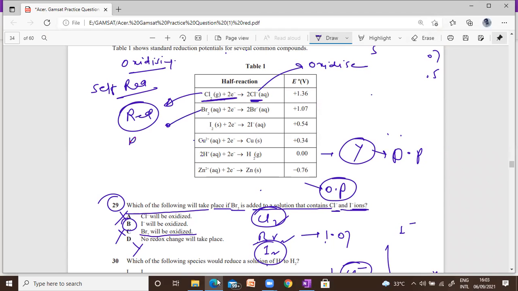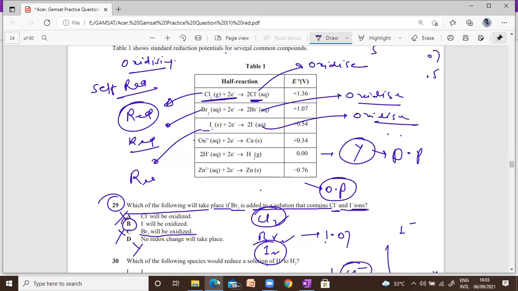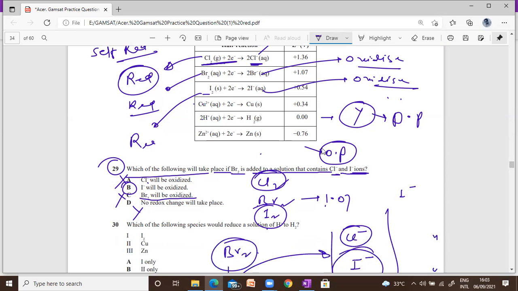Br2 reduction, so Br minus is oxidized. I2 is reduction, so iodine minus will oxidize. Simple. So now you can eliminate your options very easily. You can see here Cl minus will be oxidized. Yeah, the term is right. Cl minus will oxidize. Perfect.